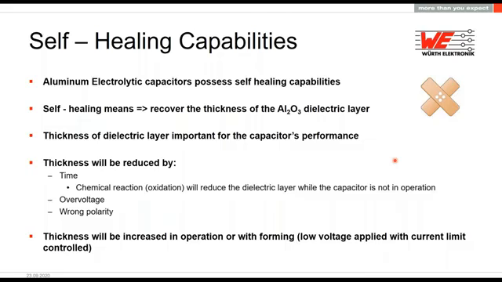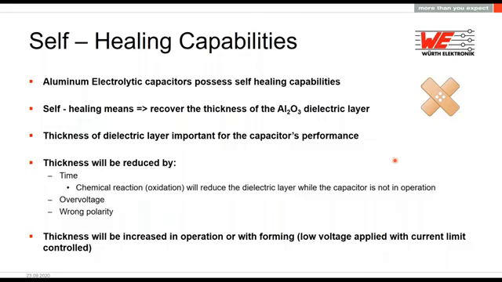And the thickness of the oxide layer is reduced by time, because time makes everything worse. There will be chemical reaction, oxidation, and this will reduce the dielectric layer when the capacitor is not in operation.